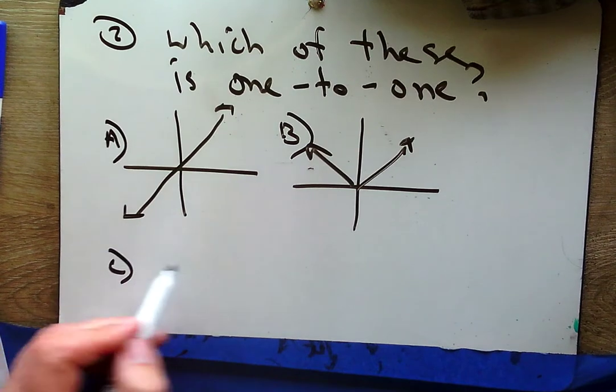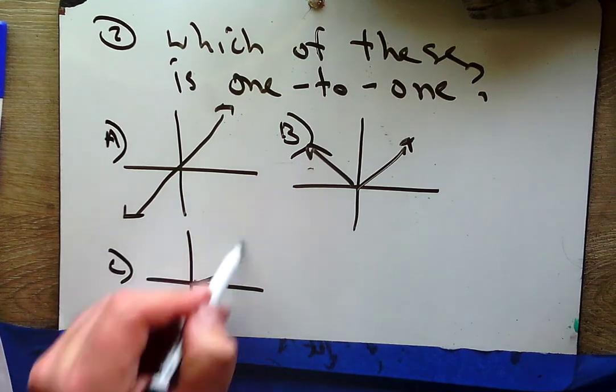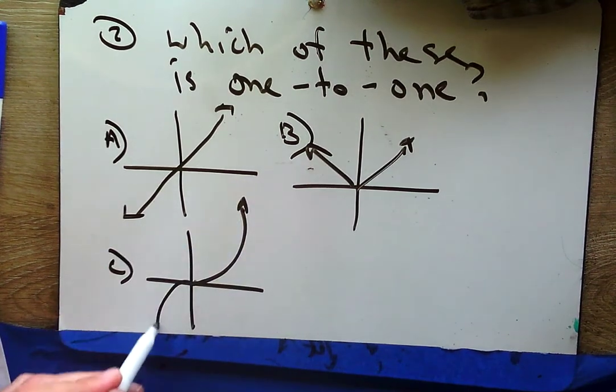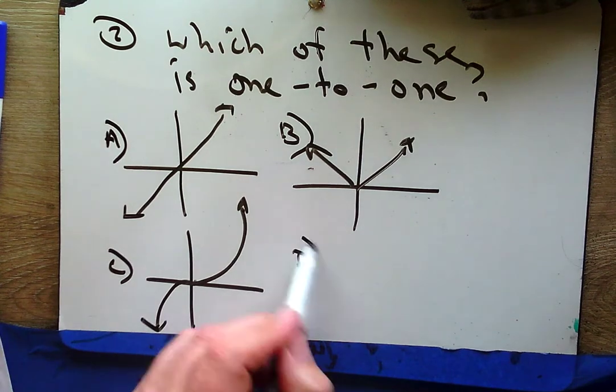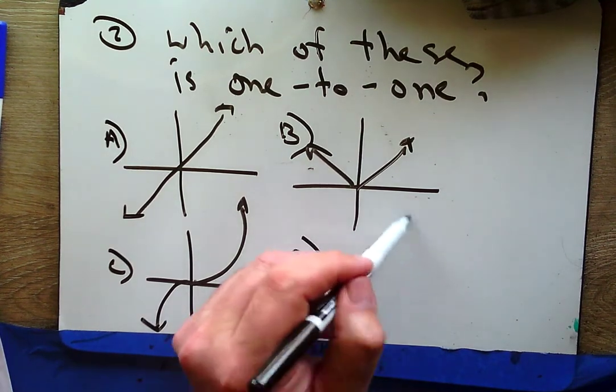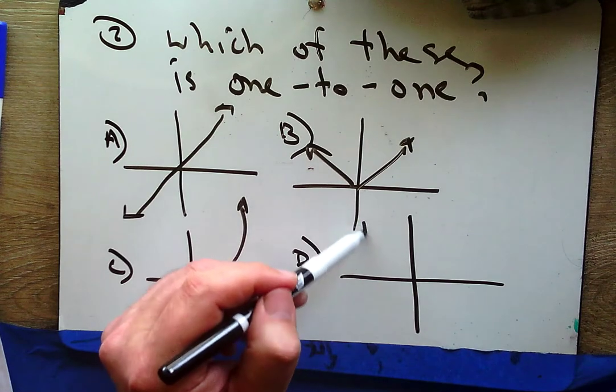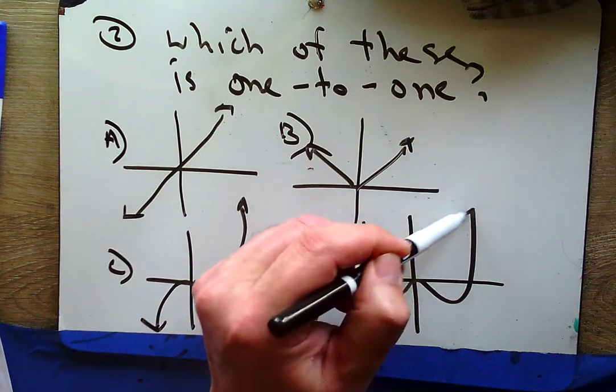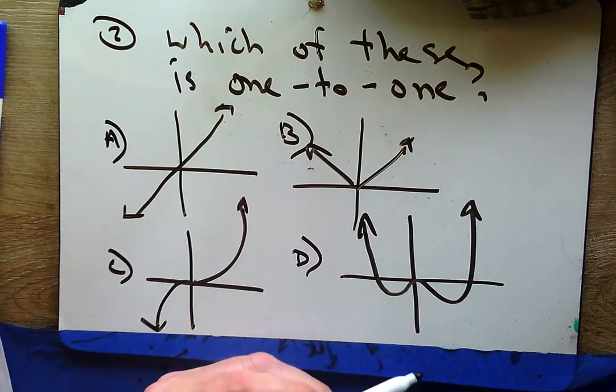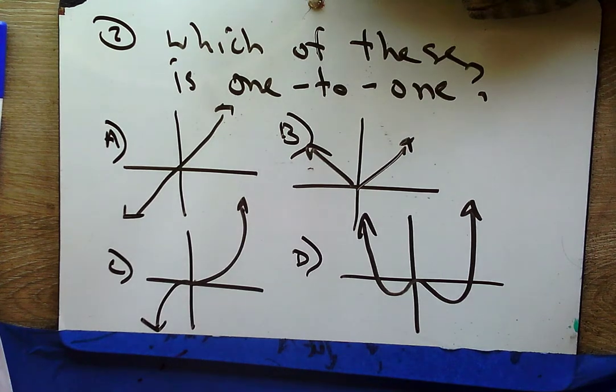We've got C, which looks like this. And D, which looks like this. Okay, which of these is 1 to 1? Oh, and provide a reason.